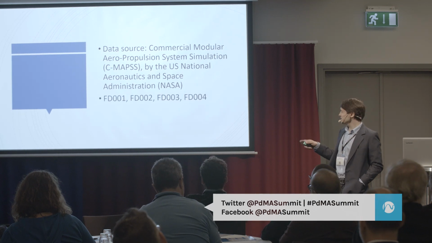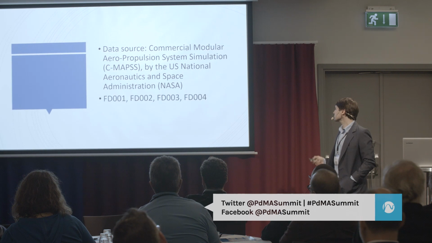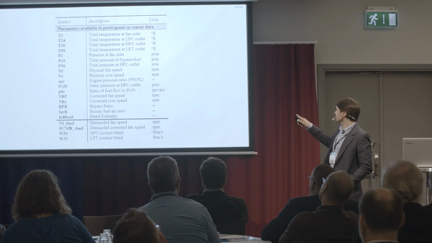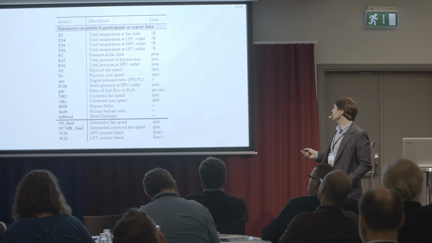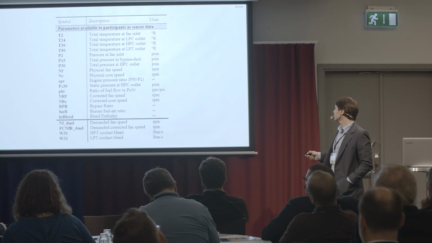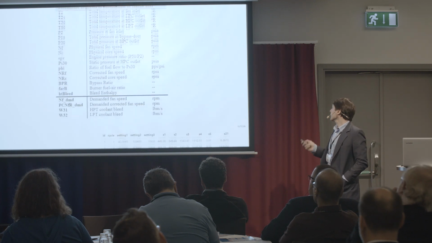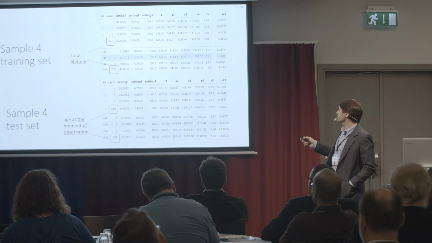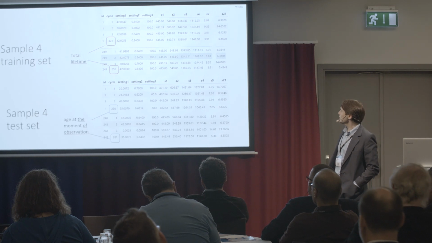And the data set is divided into 4 subsets. Here you see the sensors that the data set contains: temperature, pressure, fan speed, revolutions per minute. Then we have a training set and a test set. The training set lets all the engines run to failure.